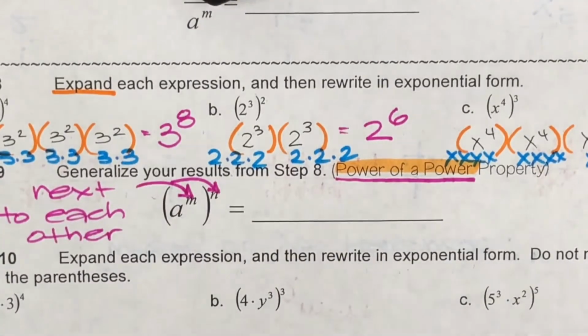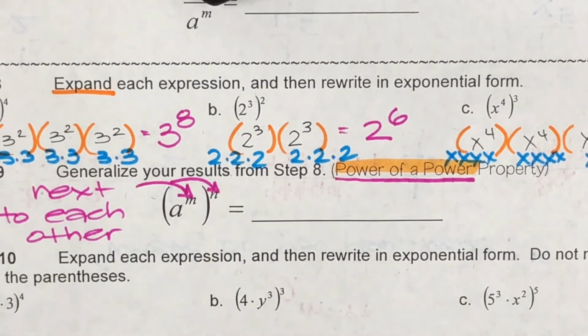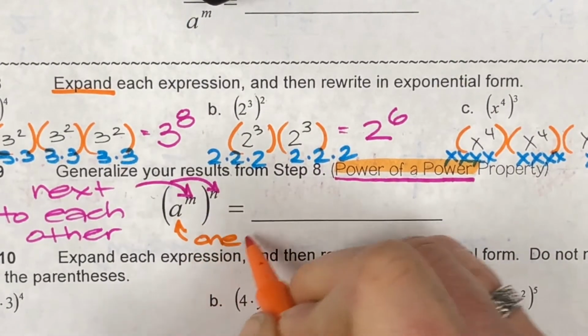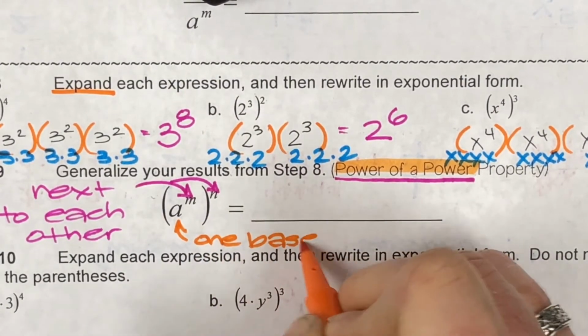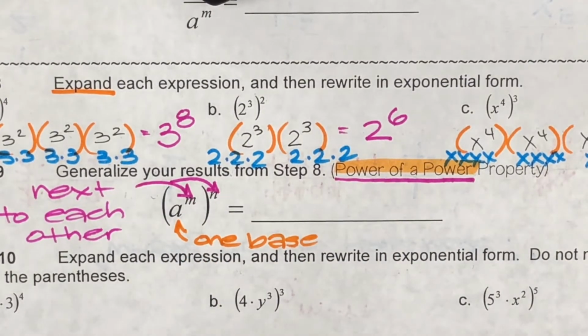That's in comparison to our first day where we were just multiplying same bases with the exponents. This one, there's only one base. Do you notice there's only one base? Let's write that too. That's a good note right there. That's only one base, and then you've got an exponent and an exponent. See that guy? All right, so power of a power, the shortcut is, did you guys notice?